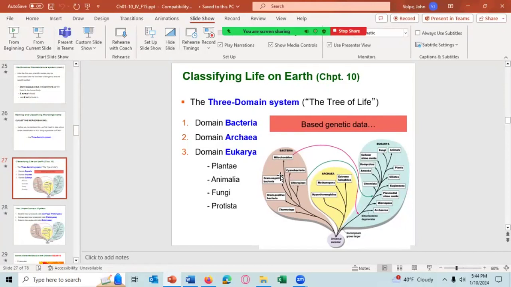So E. coli's genetic sequence will be more similar to Staphylococcus aureus than it would be to any species of archaea or eukarya. And that is how the domains are defined, by the genetic data of the organism. Any question about any of that?